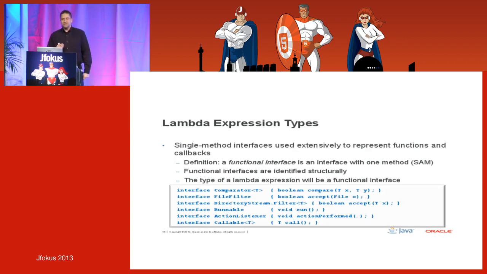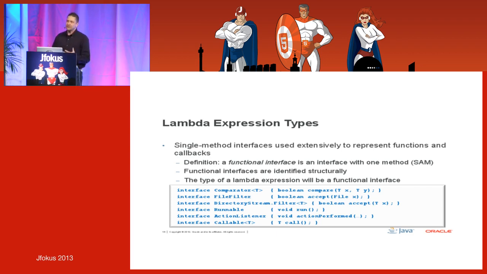So of course the question then is, what is the type of a lambda expression? Because if we're passing a lambda expression as a parameter to another method, it must have some form of type involved, because every parameter has to have a type. So in this case, we're going to define that the type of a lambda expression is a functional interface.